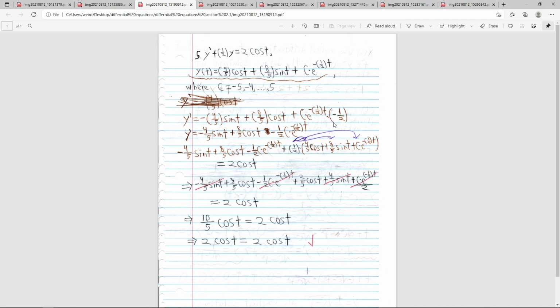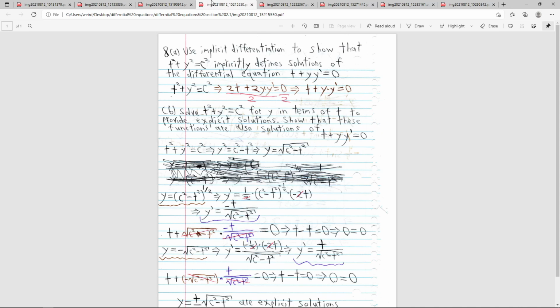In that case, the derivative of the exponent is just negative 1/2, because the derivative of a constant times t is just the constant. We're taking the derivative of what the e is raised to, the exponent. Same type of problem. We eventually get 2 cosine t equals 2 cosine t. And that's it for that type of problem, really, just showing that the solution is in fact for that differential equation.